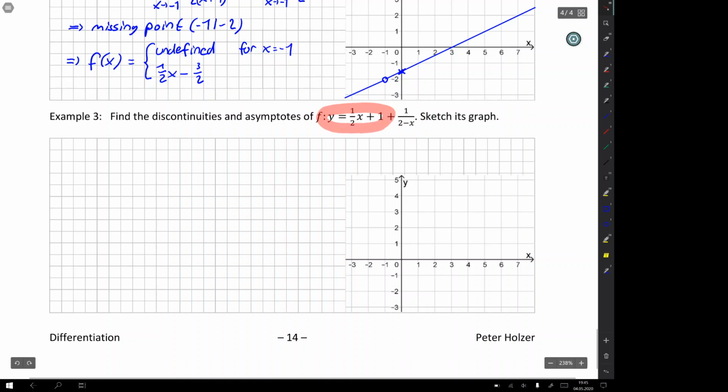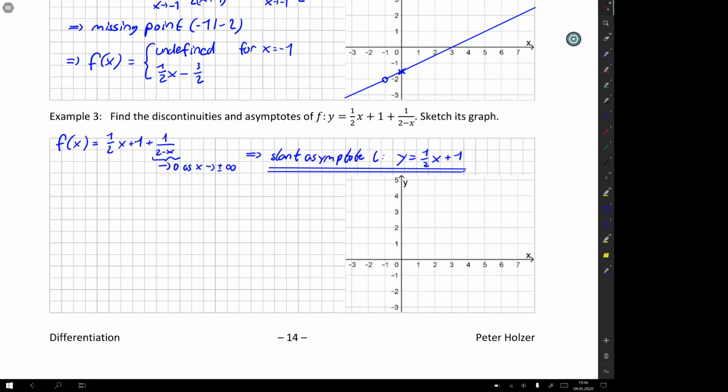So we suspect that this is the slant asymptote. Why is this the case? Well, as I said before, for f of x this goes to 0, so what remains is 1/2 x plus 1. This is a straight line.